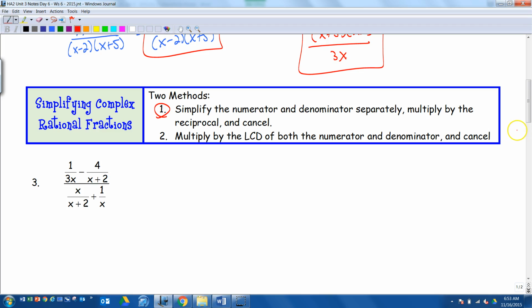Okay, so number 3, we're going to treat these as two separate problems. This top problem, which is the numerator, we want a common factor. This one has a 3x, this has an x plus 2. So this one needs an x plus 2, and this one needs a 3x.